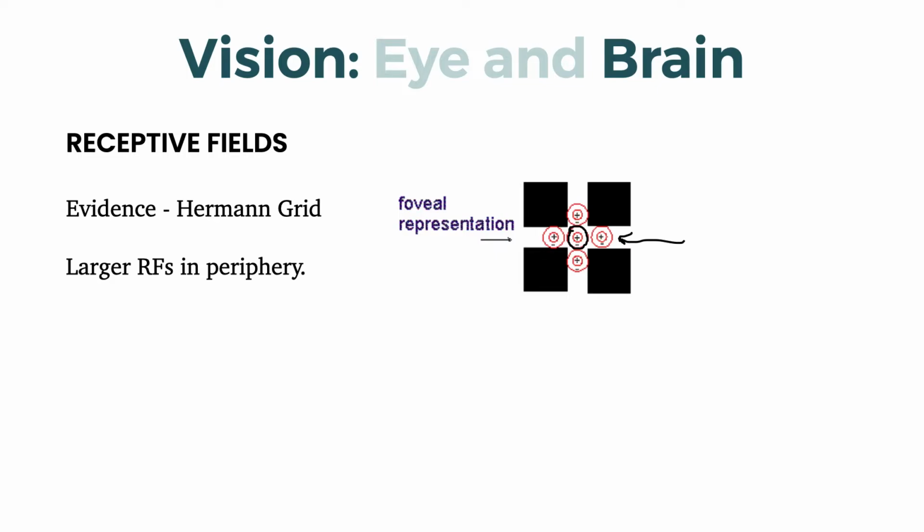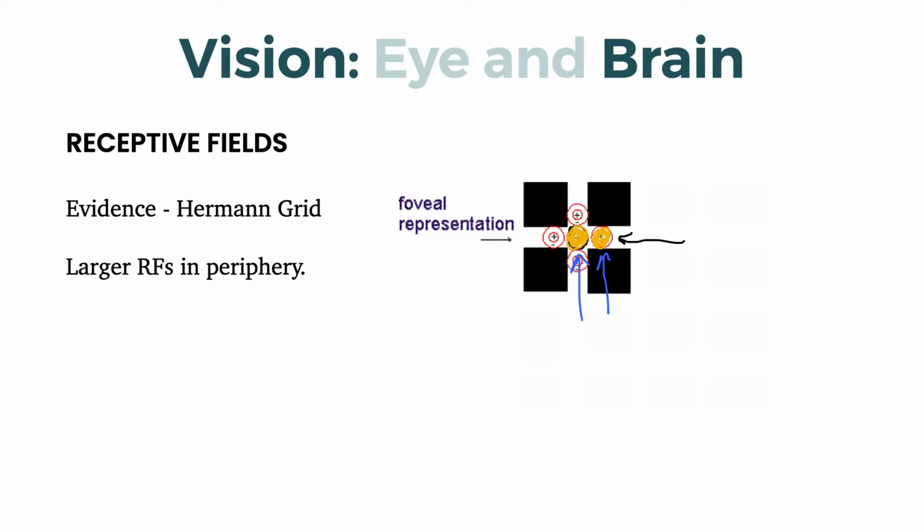So these guys, they're completely lit up, right? The whole receptive field is lit up. And in the center, the whole receptive field is lit up, which means that there's no difference between what I'm seeing here and what I'm seeing here. Okay, so when you look straight on, you don't see any difference. Everything looks the same color.